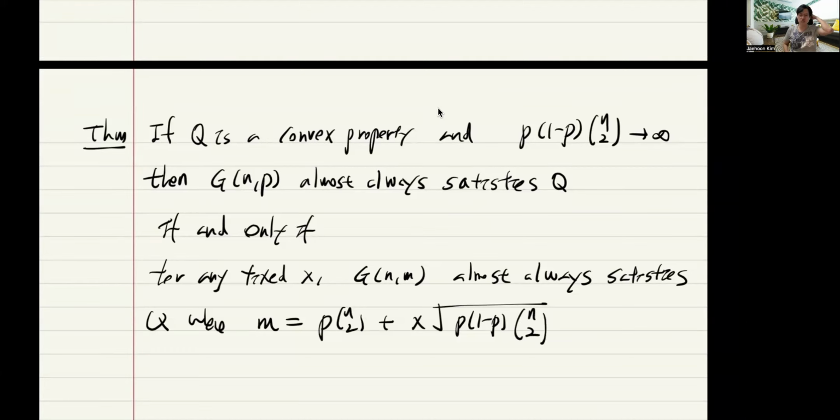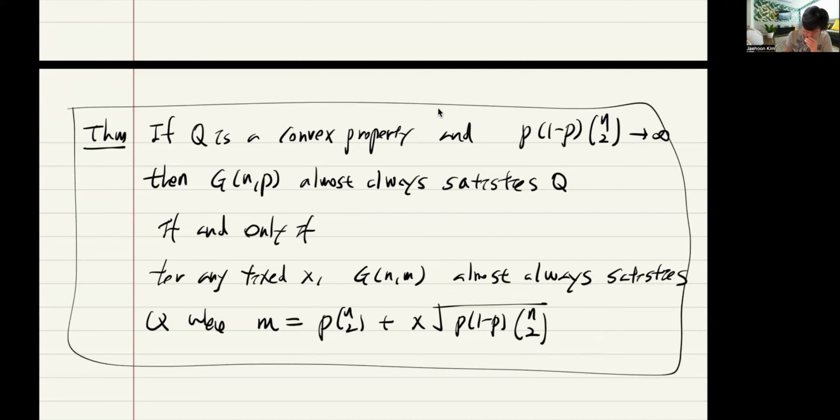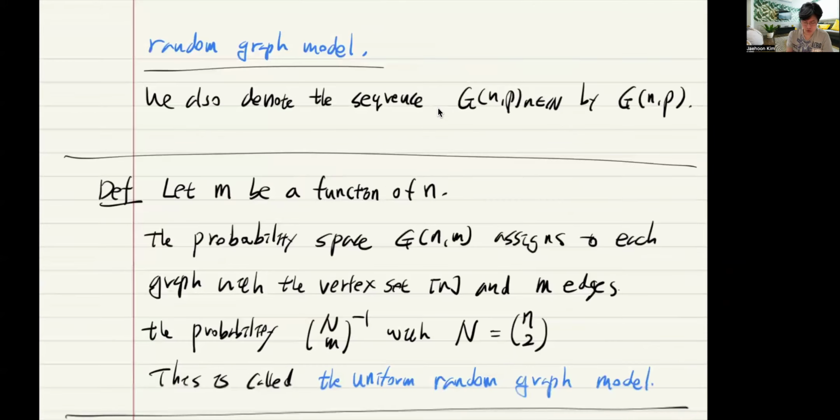It's not too important what this expression is, but what it essentially says is that if a certain property almost always holds for this, then it translates to M, as long as M is very near to p times n choose 2. Conversely, if G(n,M) satisfies the property for all M very close to this, that translates to here. So we can just focus on one of them.